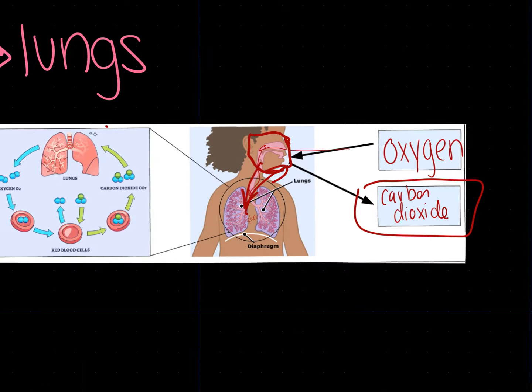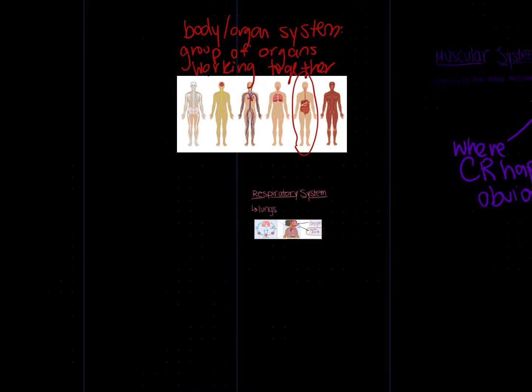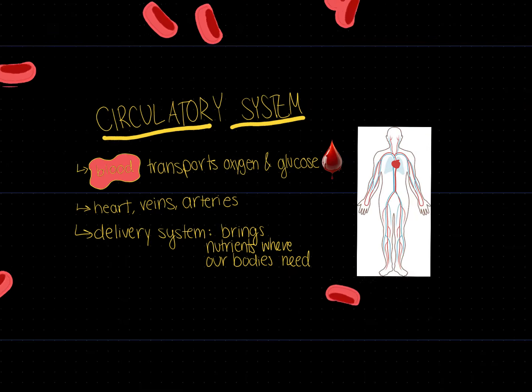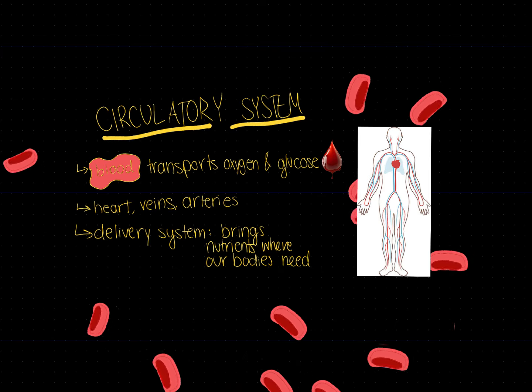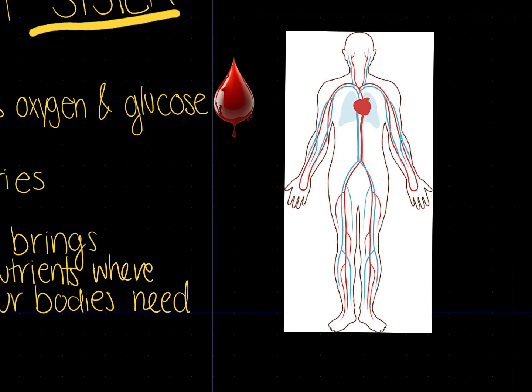So the respiratory system and the digestive system bring in oxygen and glucose, and then those oxygen and glucose need to travel to different parts of our body. They travel to our cells by using our circulatory system. This circulatory system, I think of it as like the highway system of our body. It has roads all over our body that send nutrients wherever they need to go.